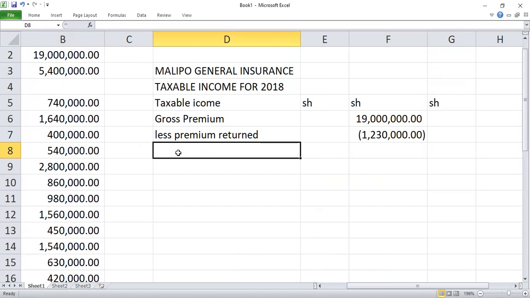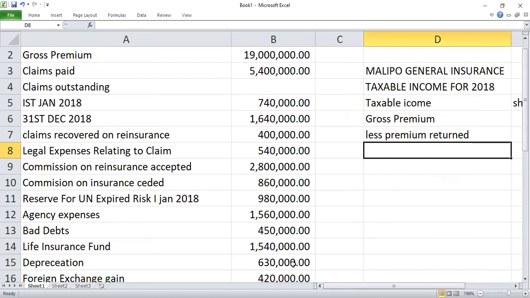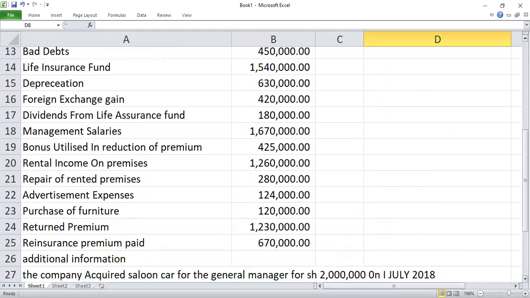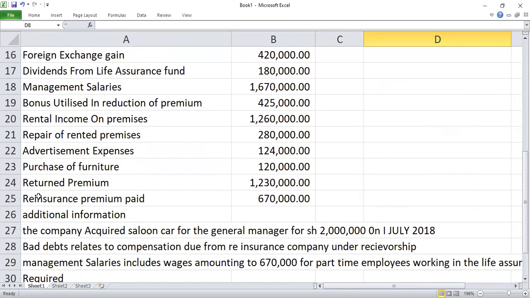You're also going to subtract the reinsurance premium. If you see in the question, we have reinsurance premium paid here.